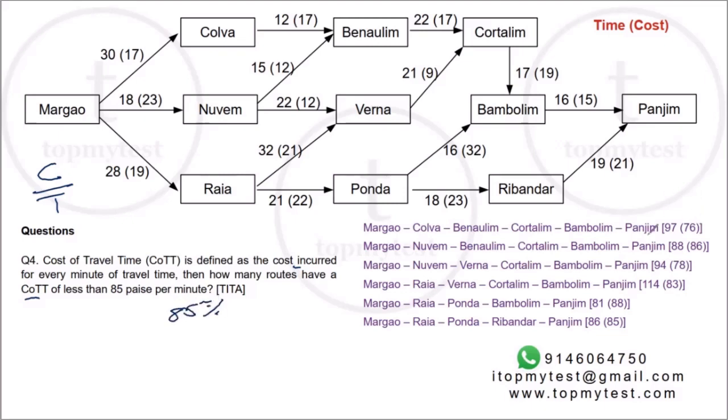If I take this divided by this, it should be less than 85%. Right, you can again do a rough estimate. Now, 76 by 97 will definitely satisfy. 76 by 95 is 80%. So 76 by 97 will be definitely less than 85%. Right, so this one satisfies.